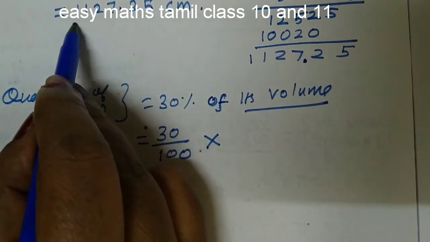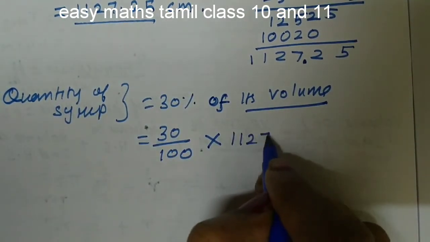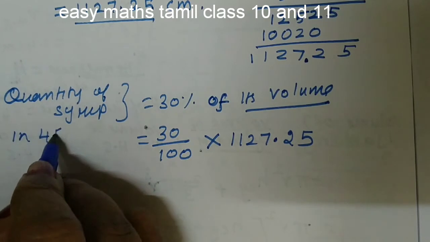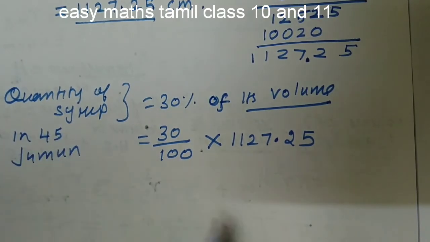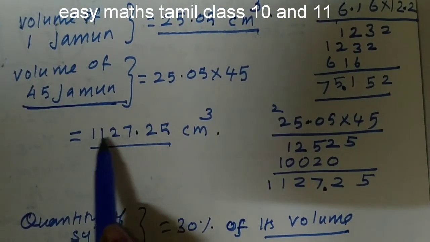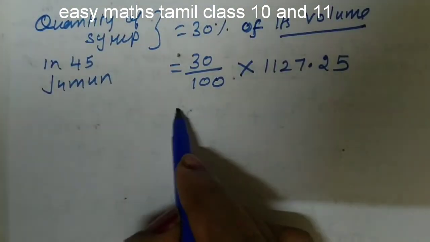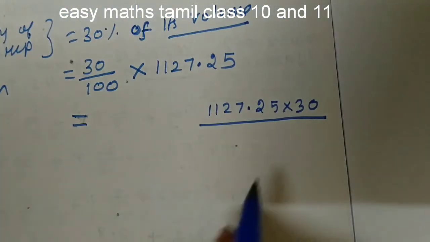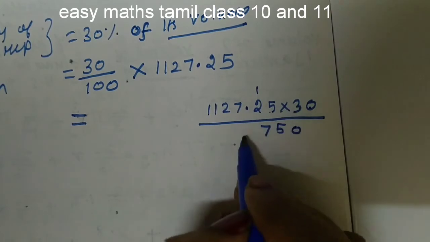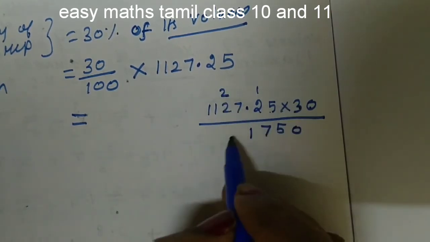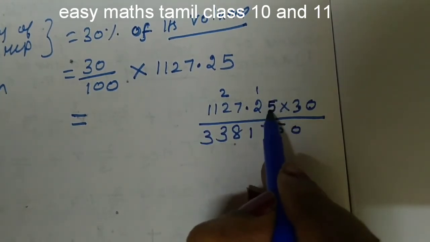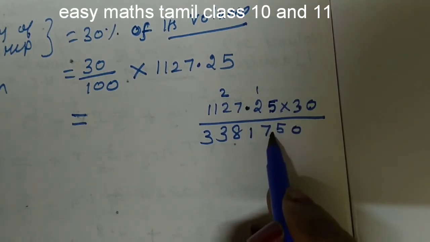The volume value is 1127.25, the volume of 45 jamuns. Write this 0 here. 5 3s are 15. The decimal value is after the 2 digits, so here also place the decimal value after 2 digits.